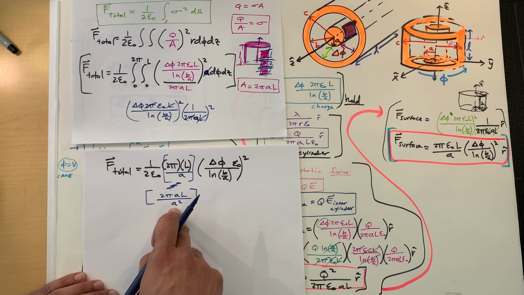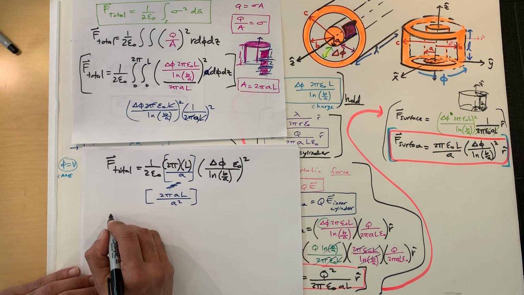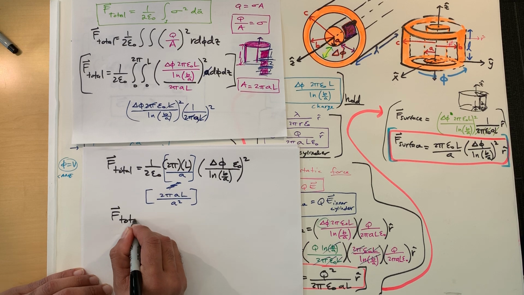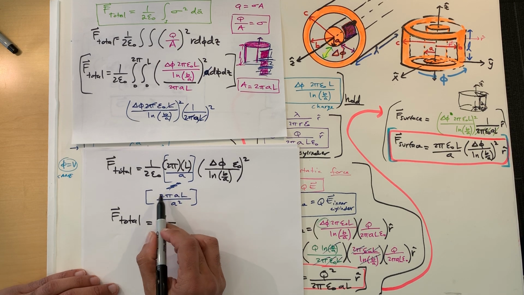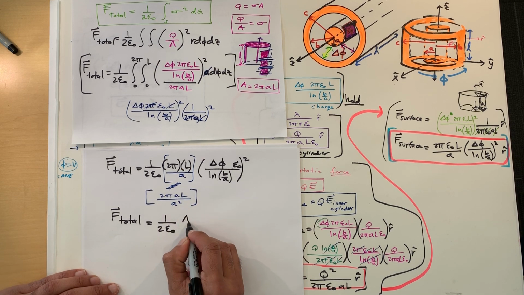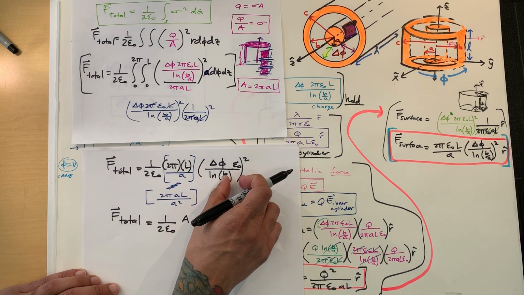And so now let's move forward and write this top part as A. The next line is F total is equal to 1 over 2 epsilon naught. I'm going to write this top part as A. This A squared, I'm just going to put inside of here.